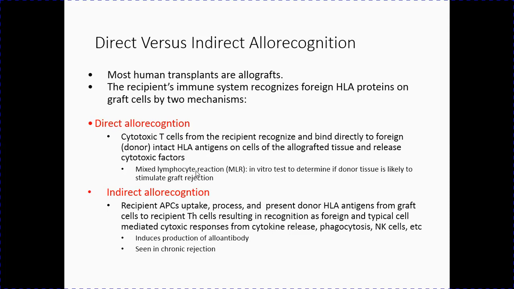In the test system, we're going to incubate the lymphocytes of the potential recipient with some inactivated lymphocytes of a potential donor. We're going to inactivate the donor lymphocytes because we don't want to see the donor's immune response.